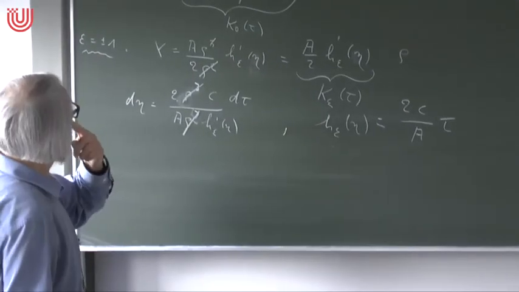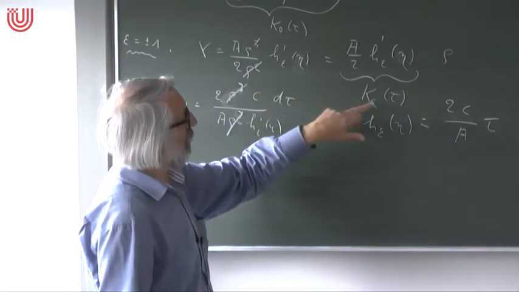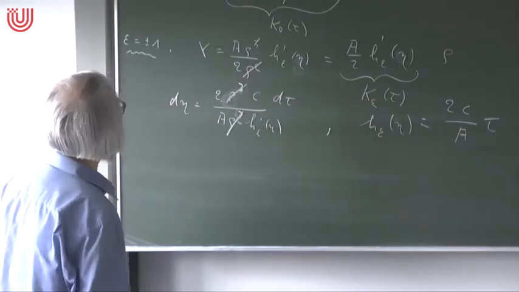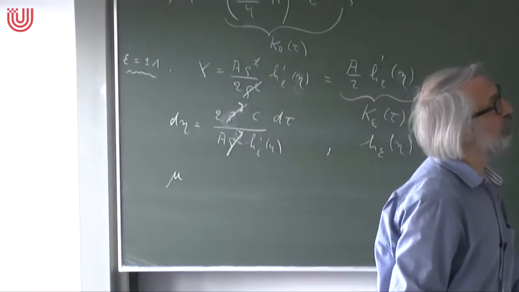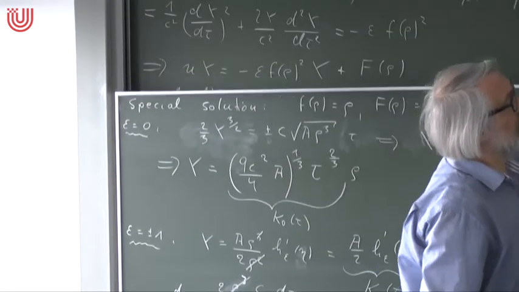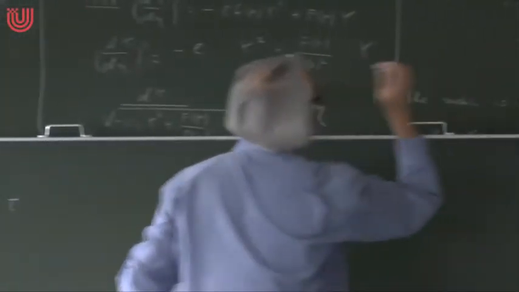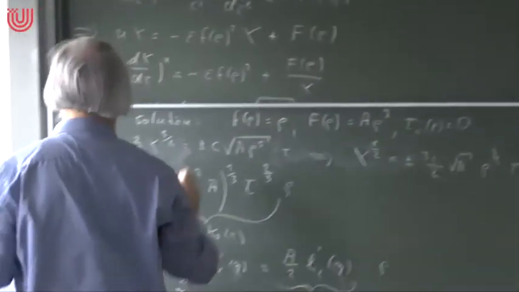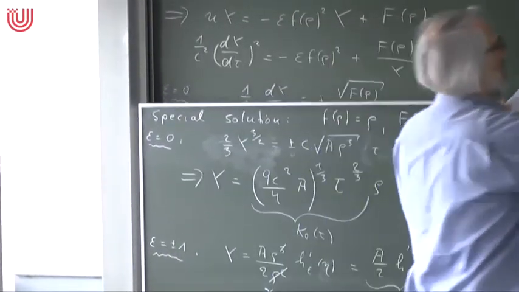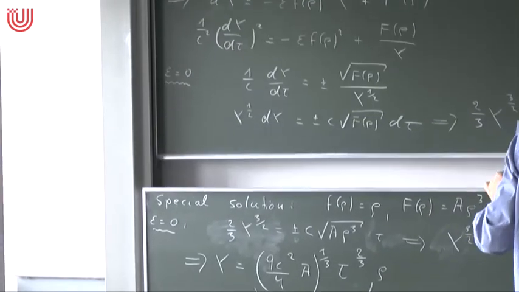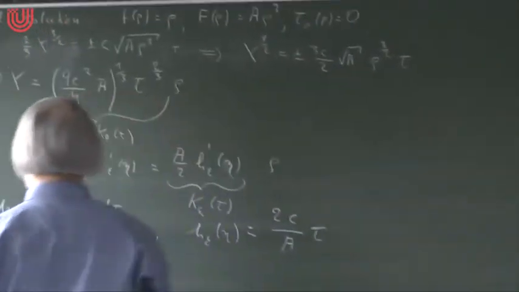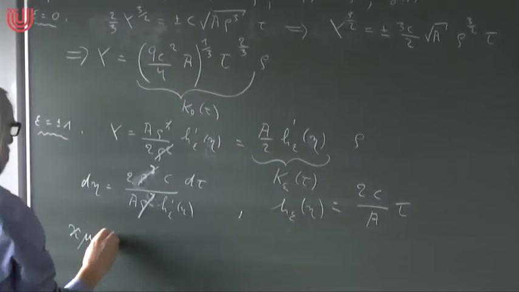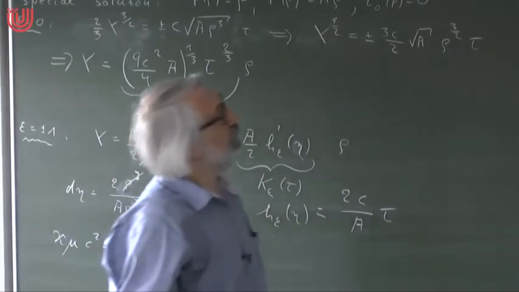And the essential thing is that the y has this structure, k epsilon of tau times rho. Maybe you should also write the mu. What was the mu? The mass density. The mass density is here. Kappa mu c squared, oh my goodness. So, kappa mu c squared is what?